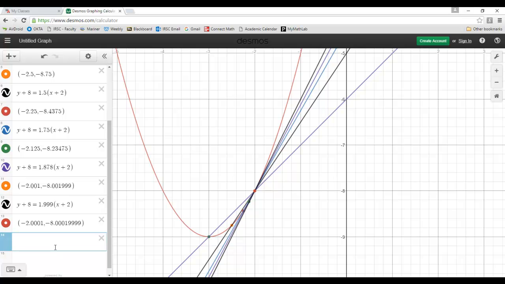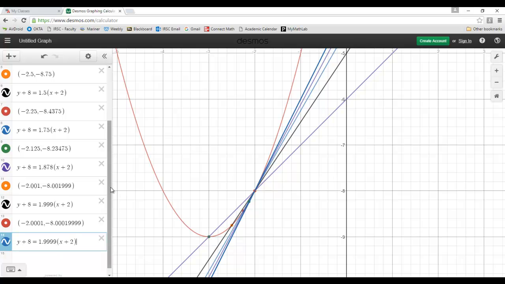Okay, so if my new slope is 1.9999, then the equation of that new secant line is going to be y plus 8 equals 1.9999 times x minus x1, which is x plus 2.